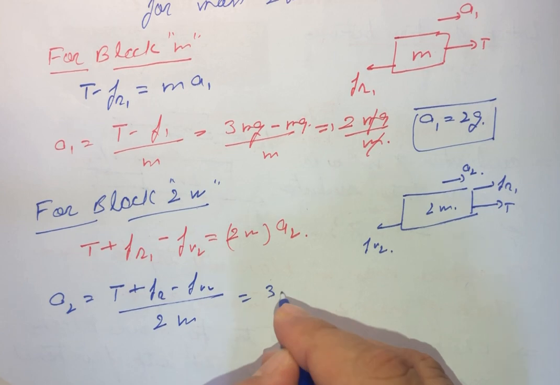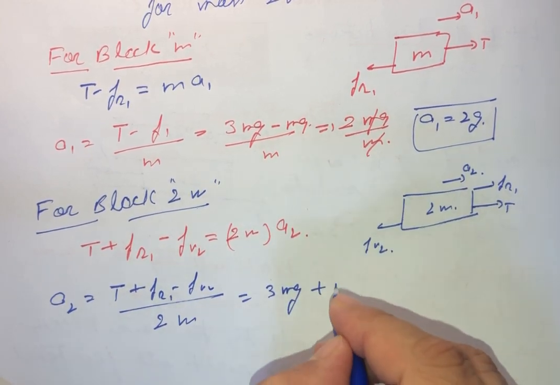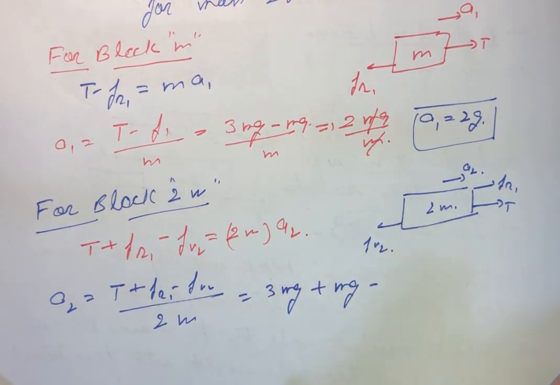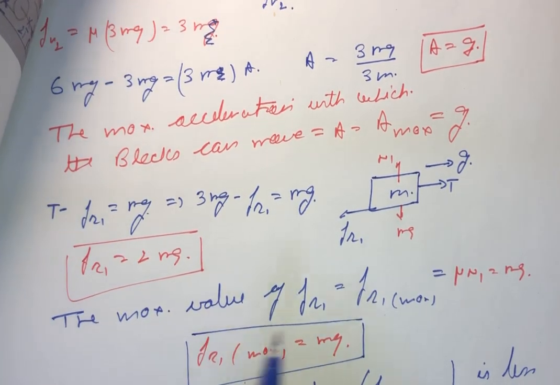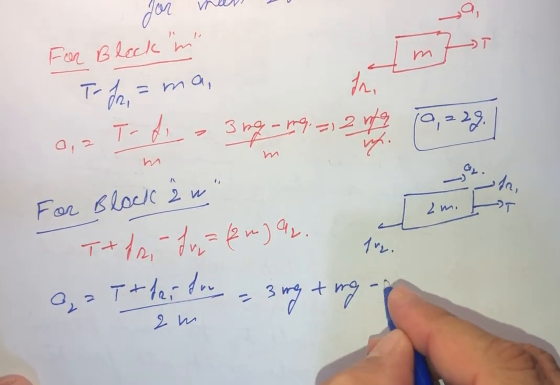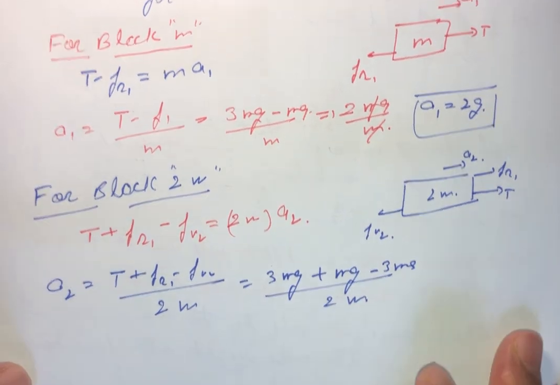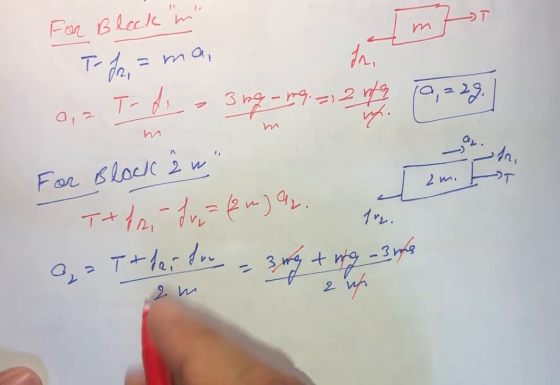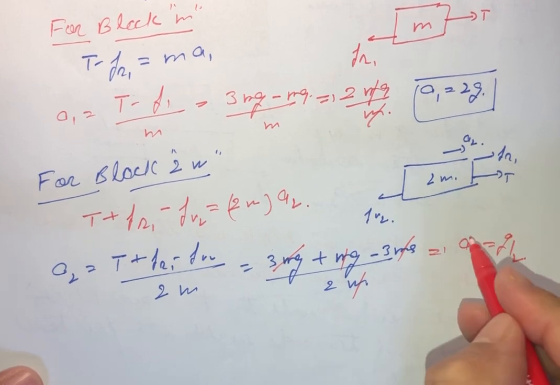T is our 3 mg and FR1 is our mg and FR2 is our 3 mg, divided by 2m. So 3 mg and 3 mg cancels out. M and M goes. From here we can say A2 is equal to g by 2.